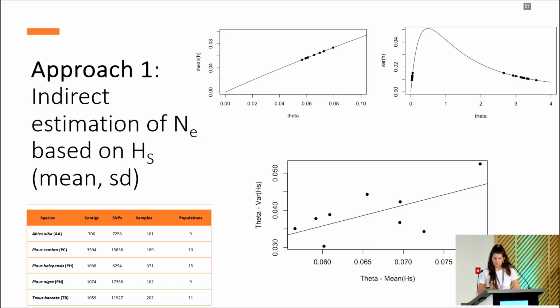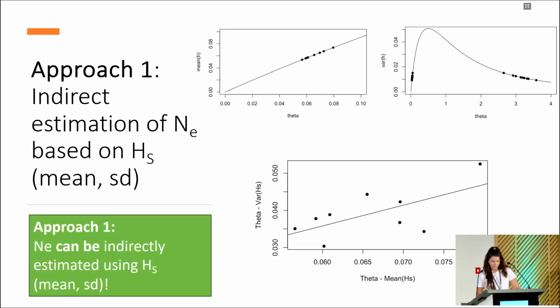And then you can see also the correlation between these two equations. Okay, so we can say that given that the mutation rate remains stable over populations, we can indirectly estimate Ne using just basic genetic parameters. In this case, the expected heterozygosity, the mean, or the standard deviation.